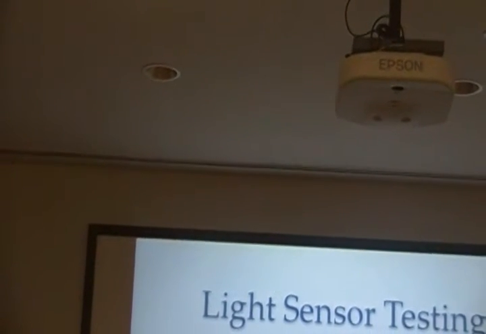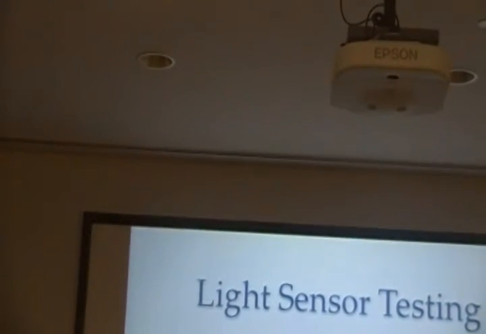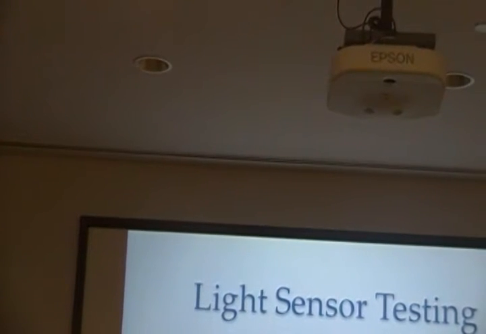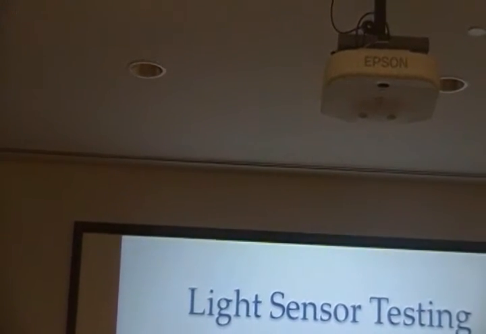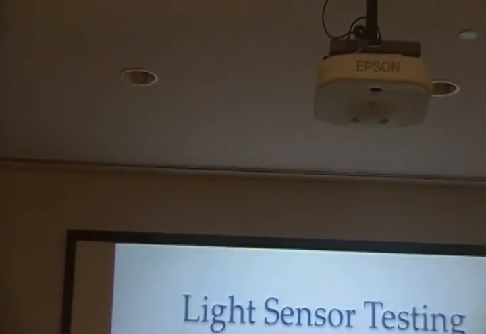We obtain a linear relationship as a result of testing this. The microcontroller's analog to digital converter converts the output of the sensor. Next, Alan will talk about the PI controller.